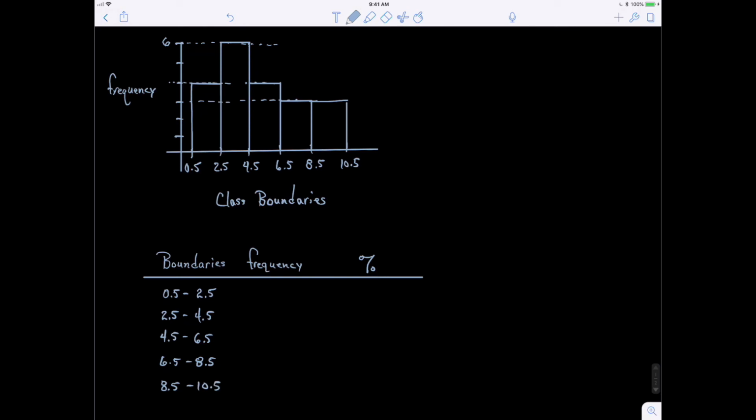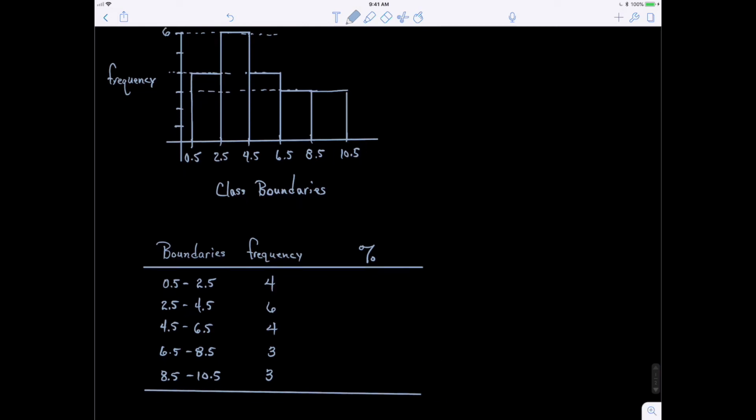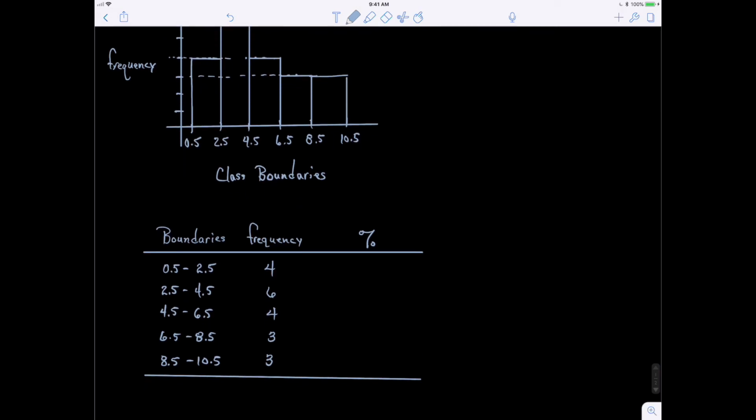And we have frequencies of 4, 6, 4, 3, and 3. And notice here, if I was to add these up, well, 4 plus 6 is 10, plus 4 more is 14, plus another 6, my total frequency is 20.